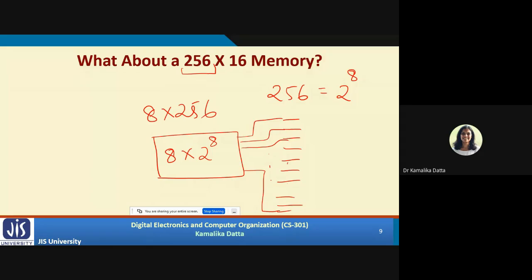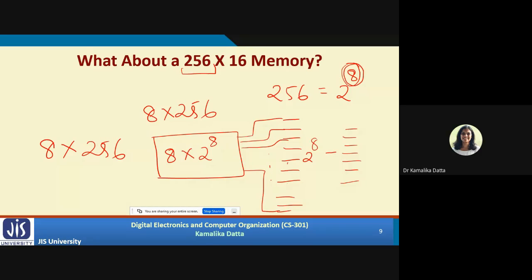Is it clear? Yes, ma'am. Whatever will be the address line, 256 lines will anyway be there. So how will you get 256 lines? You have to make 256 in terms of 2 to the power 8. So 8 cross 256.